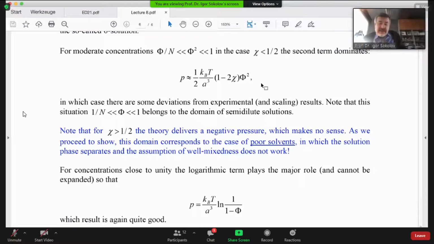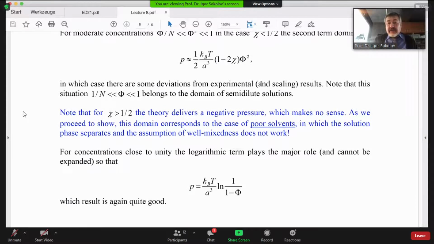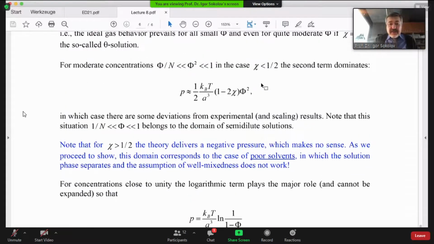If chi is larger than 1/2, you get here a negative pressure, which is nonsense. You know that from the criteria of thermodynamic stability, the pressure cannot get negative. So this means that something is fishy there, and it's clear what is fishy.